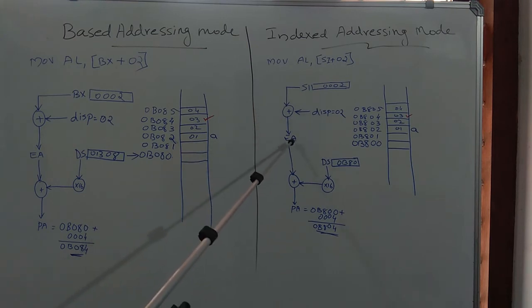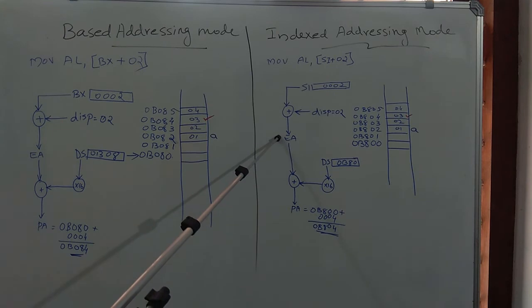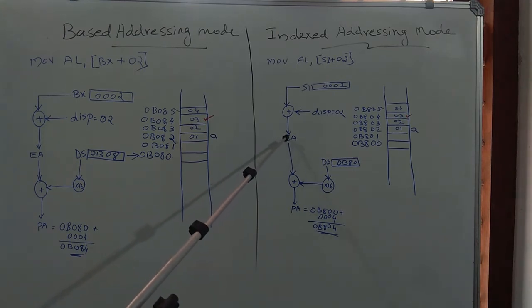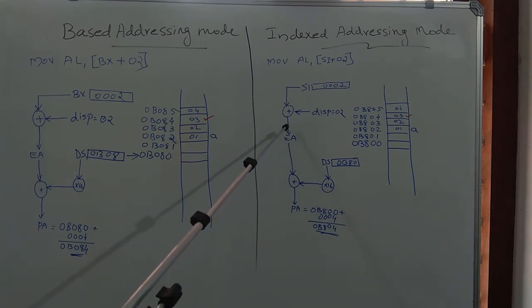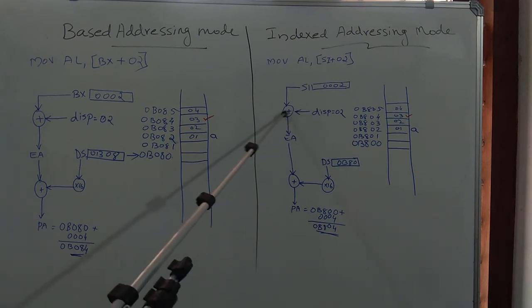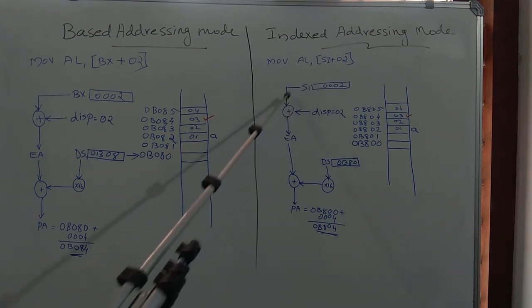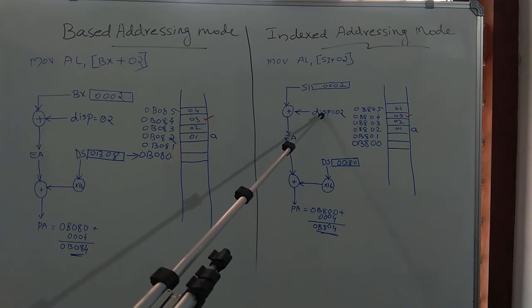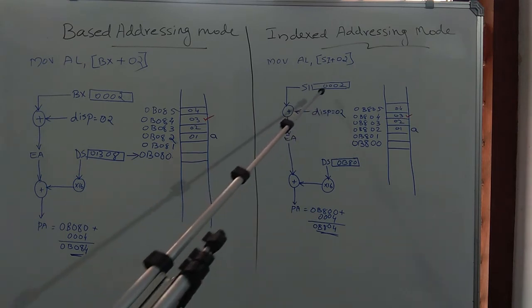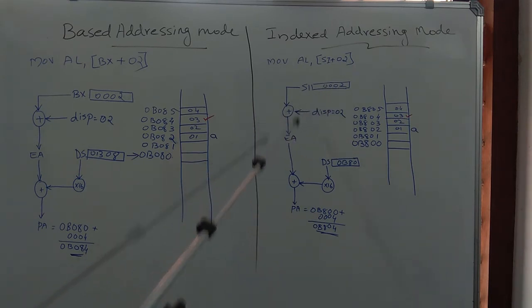And the effective address or offset calculation is, the offset of the data is calculated. That is the content of SI plus the displacement value. That is 0004, and the physical address calculation is 0B80, the DS content into 16.